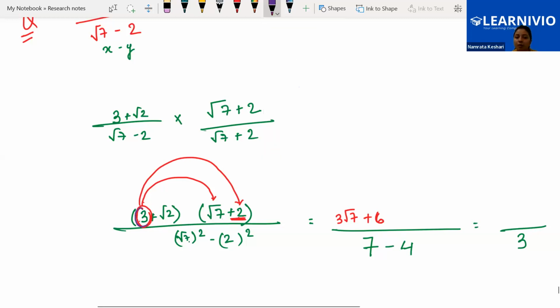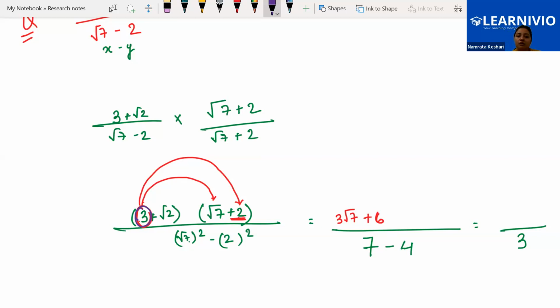Now the job of 3 is done, because we don't have any other term. Be careful here: if we have more terms in the second bracket, the way we multiply with 2 terms, similarly we will multiply if 3, 4, 5 or 6 terms are sitting in the second bracket. Are you getting me? Yes, ma'am.